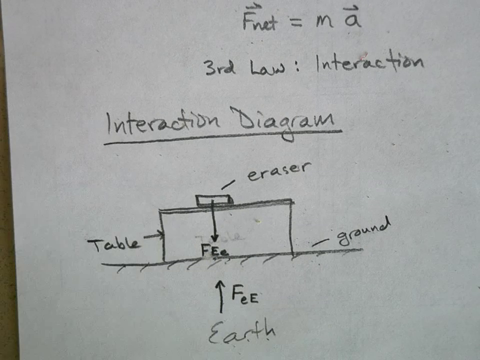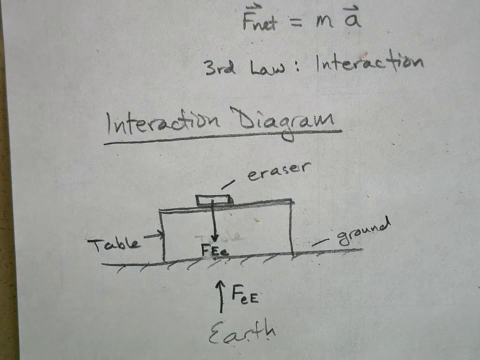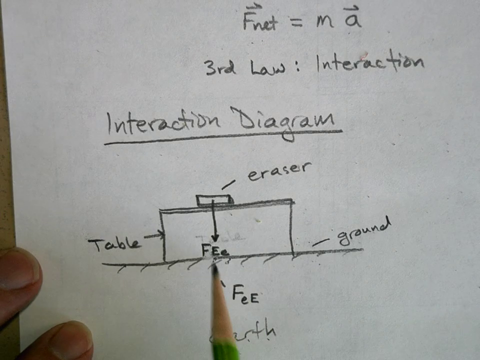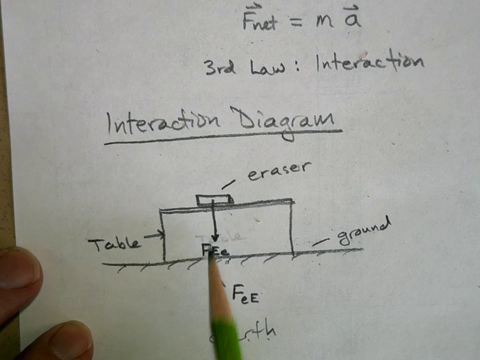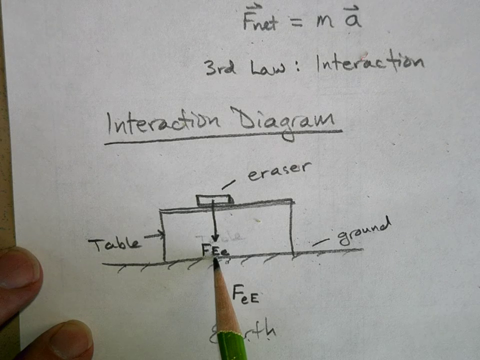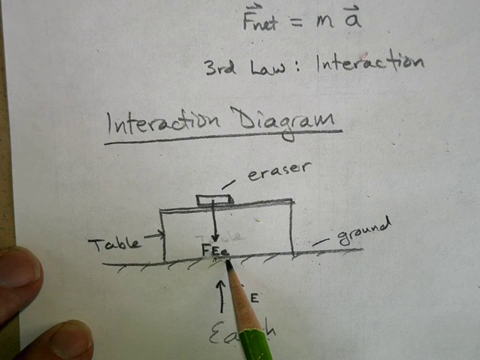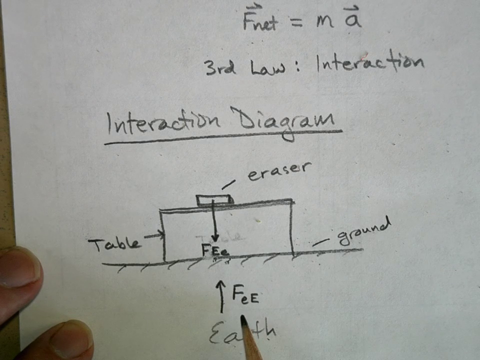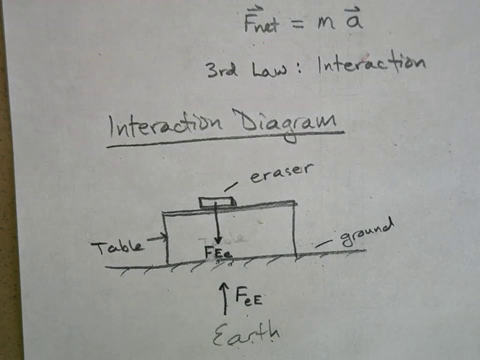The agent is the outside thing that's applying a force to the object. This is the agent, this is the object. So for this force, the earth is the agent acting on the object, which is the eraser. Now over here, they reverse roles. The eraser is the agent that is acting on the earth. These are just names that we use.